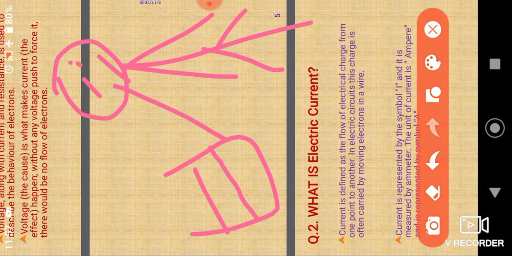No. So voltage is what makes current happen. What is voltage? Voltage is the force. Through force only this much water quantity is going with the help of this wire to the man. So the meaning of this line is that only voltage makes current happen. That means if voltage is there, then only flow of electrons is possible. Flow of electrons, that means water. Same water we are considering here as electrons.